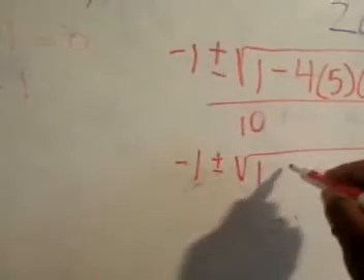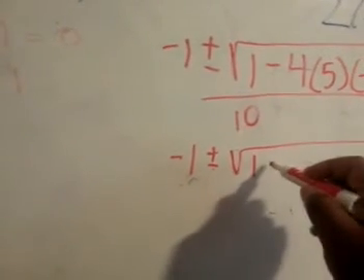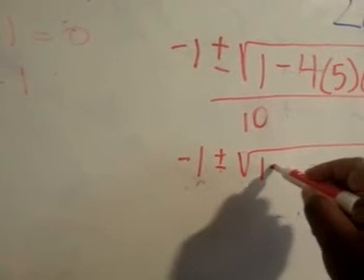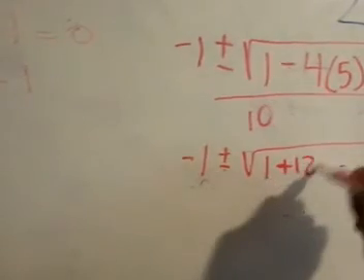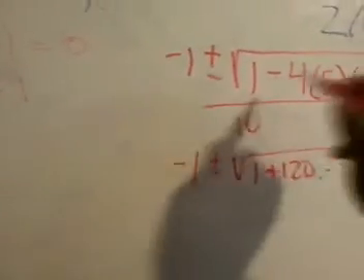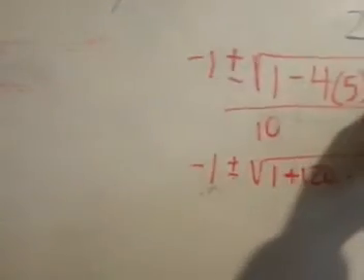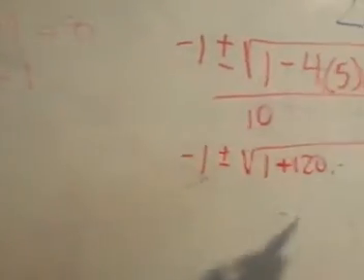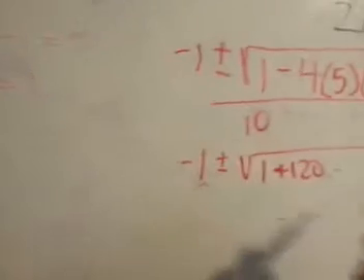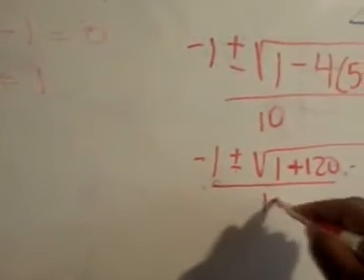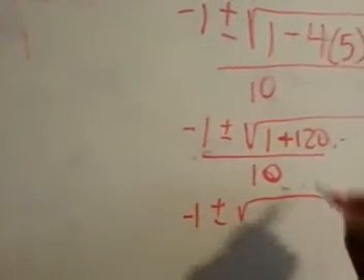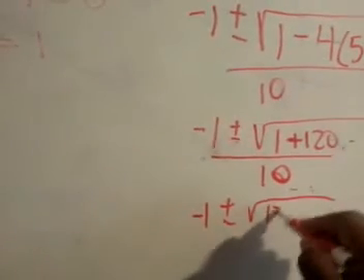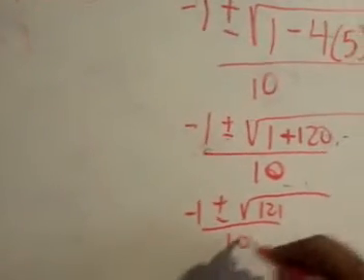So minus negative 120 ends up being plus 120. Negative, negative, so that's negative 20 times negative 6, which gives you positive 120, all over 10. Negative 1 plus or minus the square root of 1 plus 120, well, that's 121, over 10.